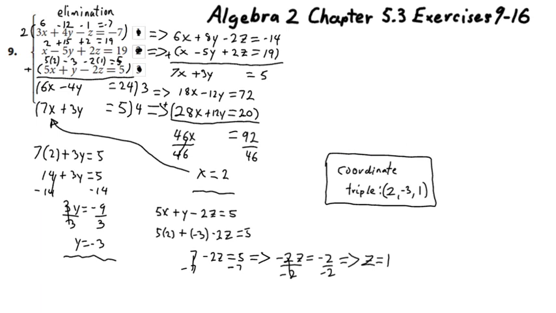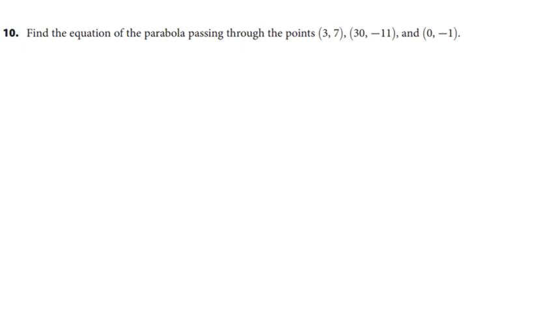Okay, next, before we go on to problem 11, 10, find the equation of the parabola passing through the points 3, 7, 30, 11, and 0, negative 1. What you can use for this is the standard form of a quadratic equation, which is what a parabola is.